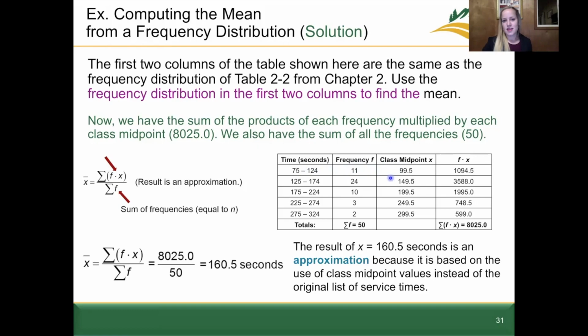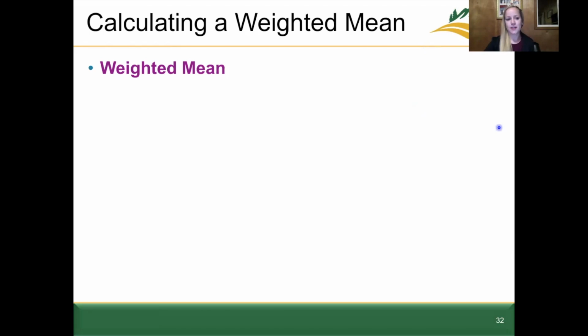Because we did that, the result of x̄ equal to 160.5 seconds is an approximation, since it's based on class midpoint values instead of the original list of service times. That's a really important thing for calculating the mean from a frequency distribution table. It's an approximation. Okay, so hopefully so far so good.